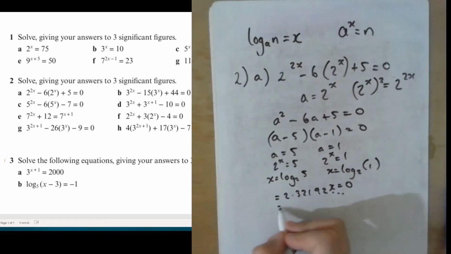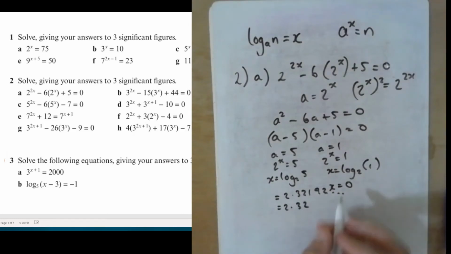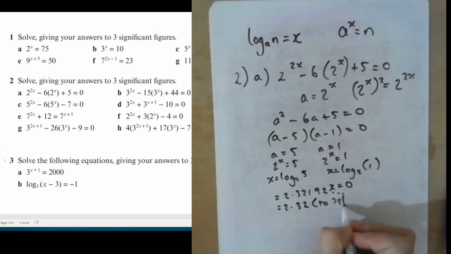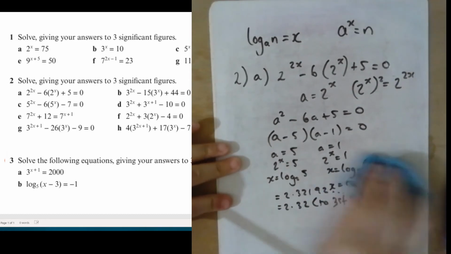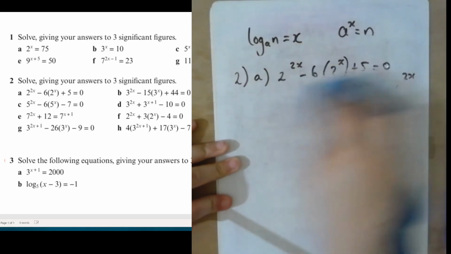It is 2.32192 dot dot dot, which is 2.32 to 3 significant figures. So that is a, and I'll just do f for that as well.